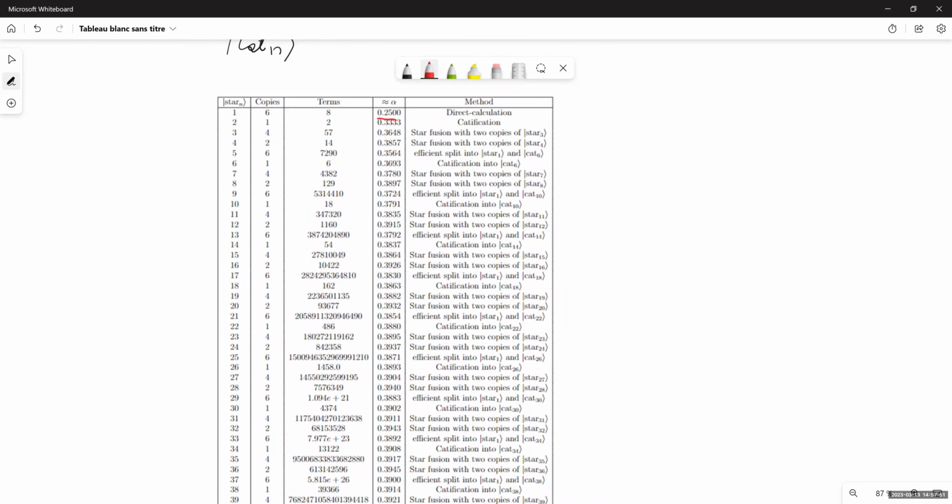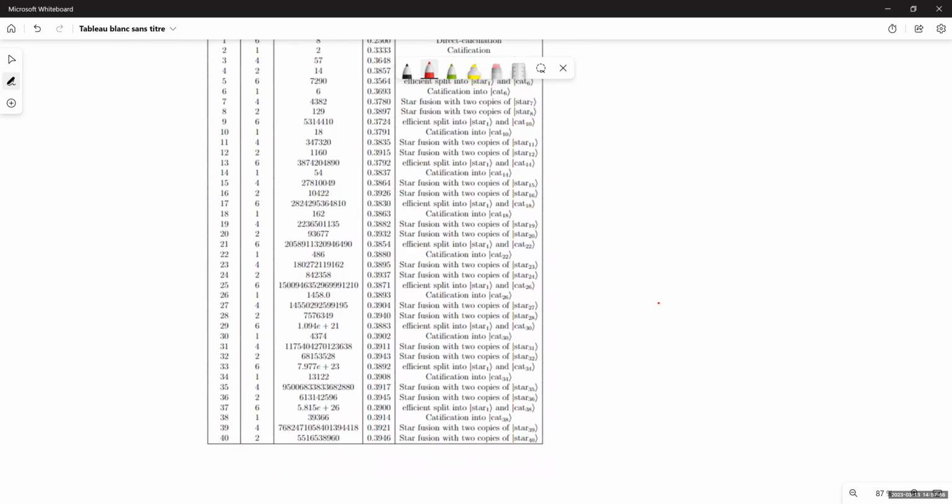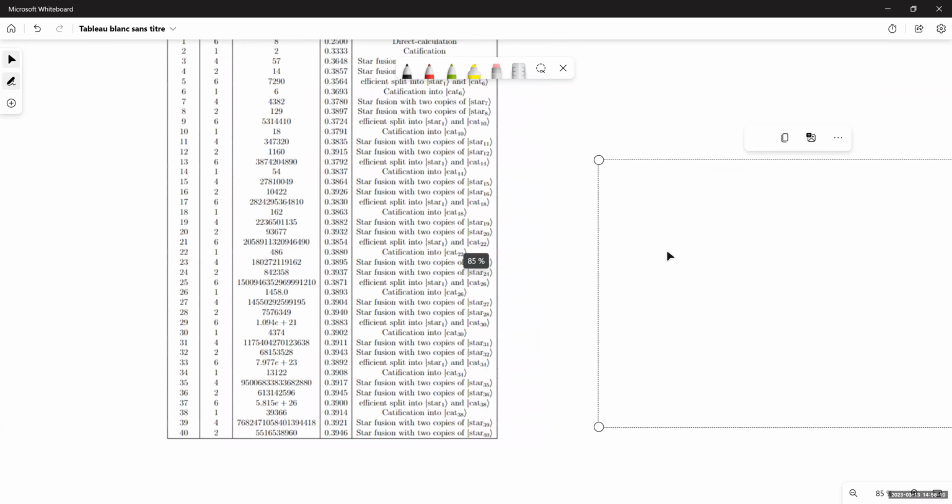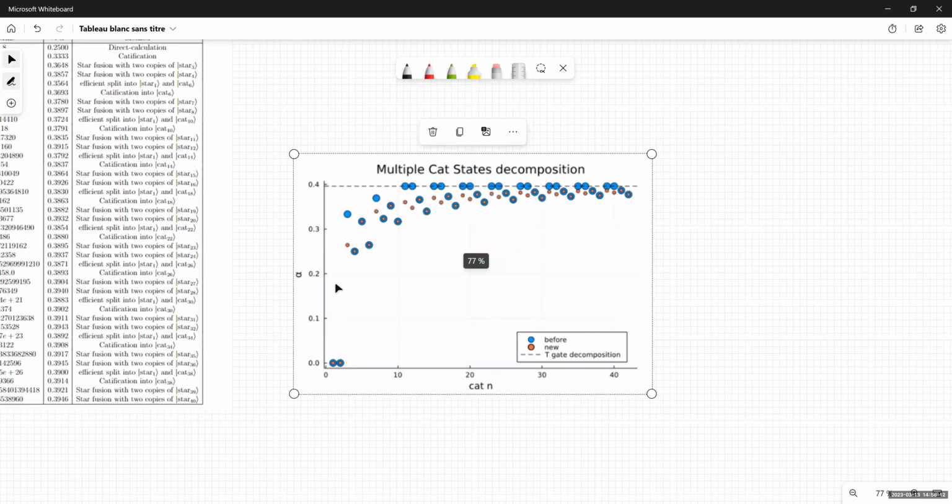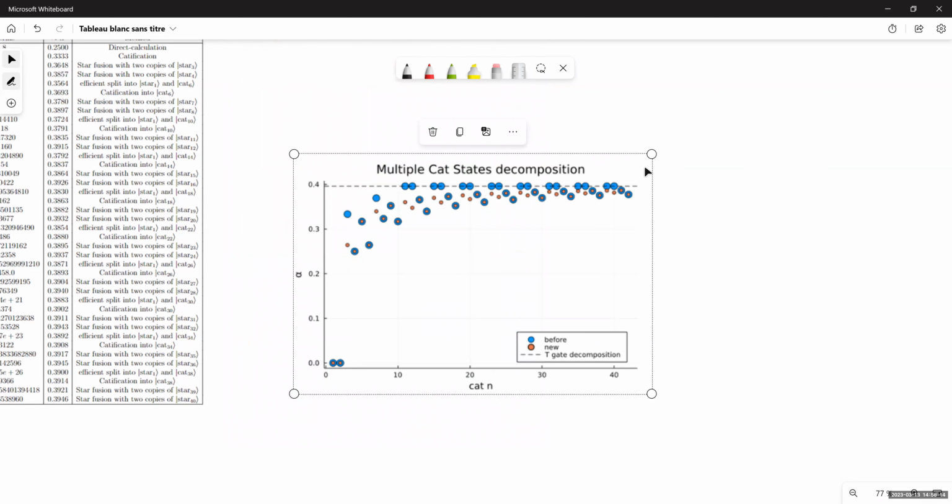Here you have some really good one. But in general, we tend to have some decomposition that goes to that 396 that we talked about earlier. If you look at how all the cat state decompositions go, they start really good and they converge to that 396, and the same happened for the star state.